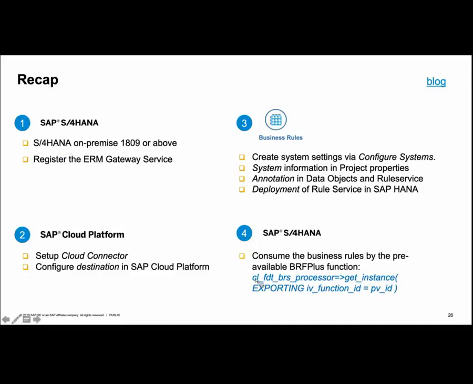Also different is how you consume the business rules in S4HANA using this pre-delivered BRF Plus function. Again, a detailed blog is available for what I told you, and also a sample application is available which has sample rules, and the small ABAP program that I showed you is also available. You can make use of it for learning purposes.